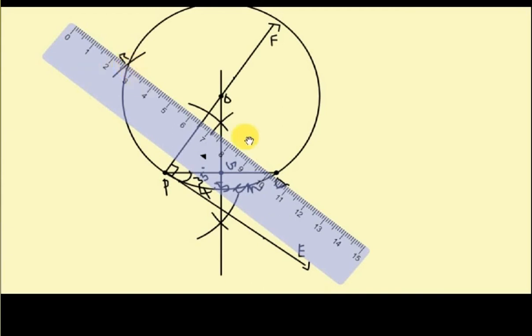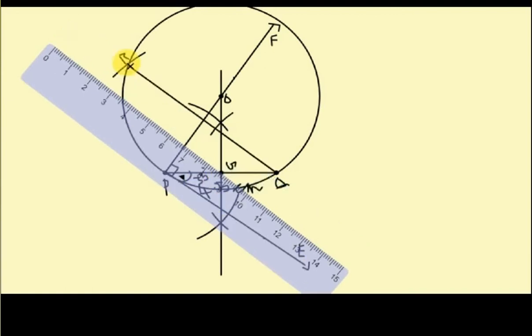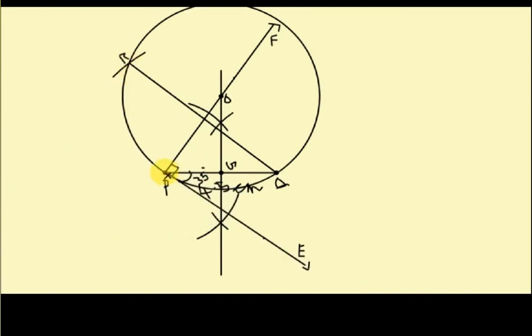So we have connected R and Q. Next we are going to connect our R and P line with the help of a scale. So this is our given triangle.